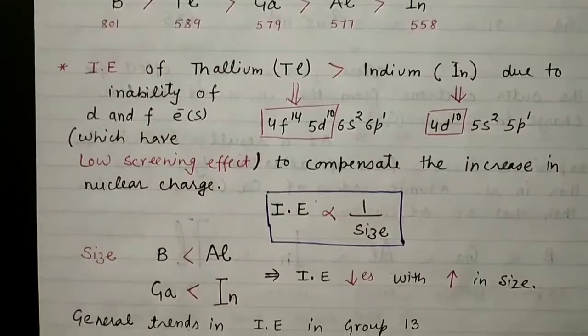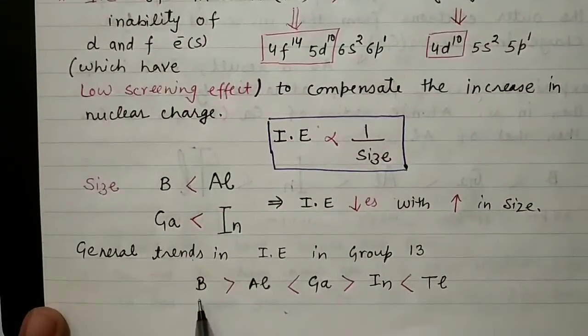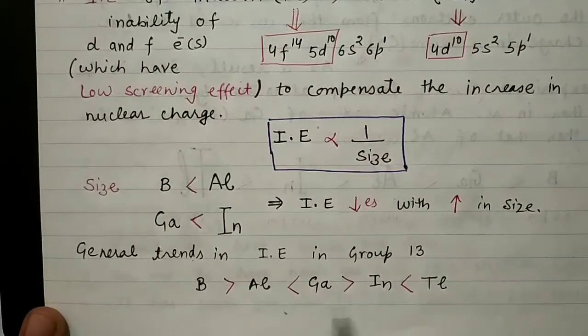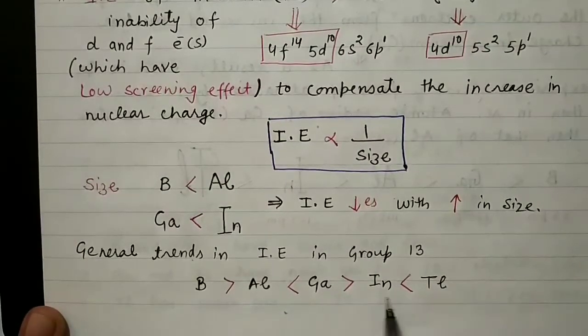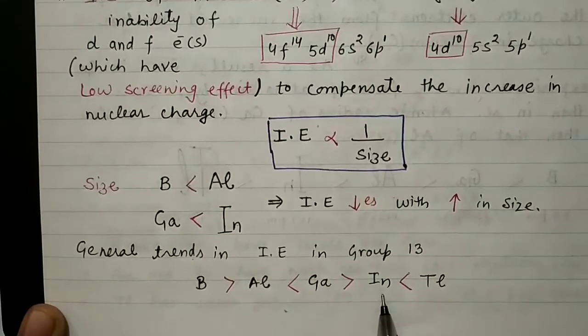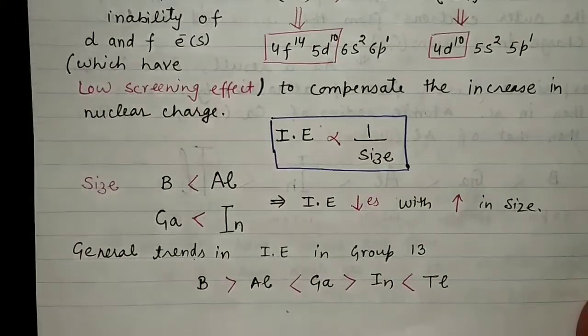And the general trend for the ionization enthalpy of group 13, we will have boron with a higher value in comparison to aluminium, and thallium will have a higher value of ionization enthalpy in comparison to indium, and gallium will have a higher value than aluminium as well as indium. So this is the order of ionization enthalpy for group 13.